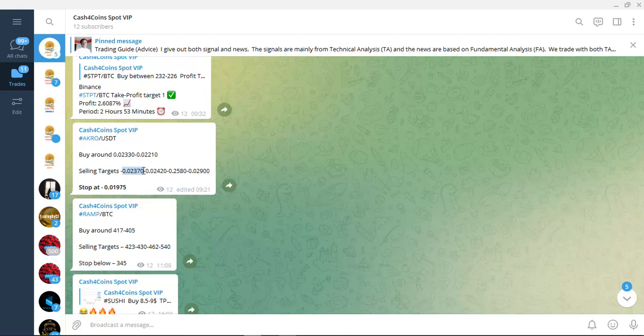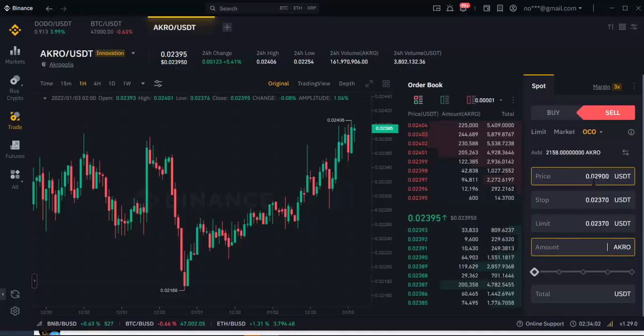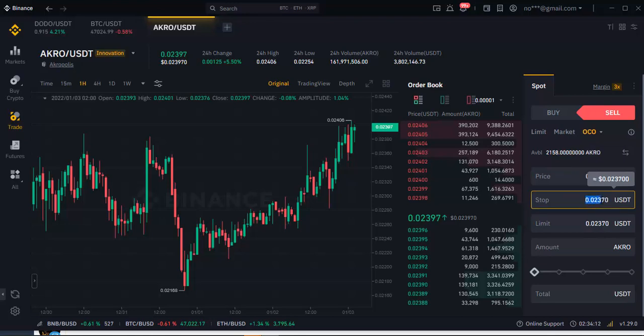So we have used this as a stop loss and this as our last target inside the limit box. Therefore, since we have finished setting it up, this is the last target as our limit price, this is our stop loss, that's the first target on the signal, and this is also the first target.